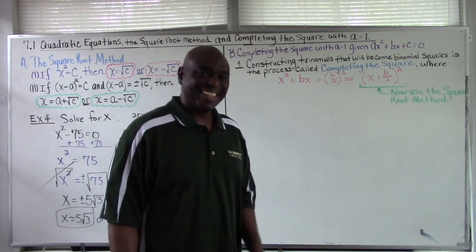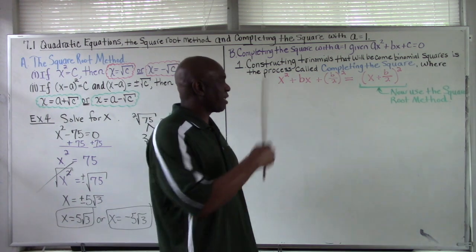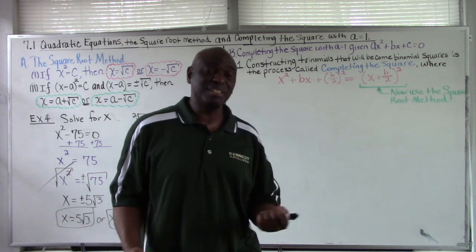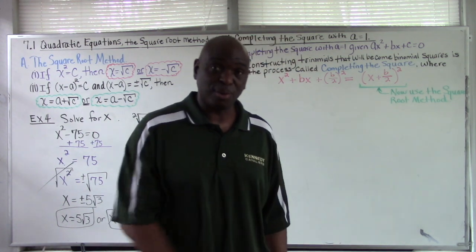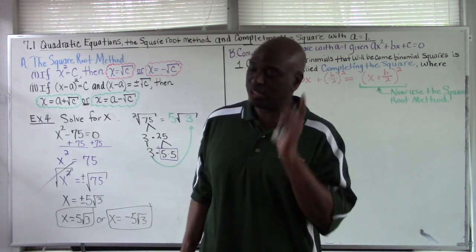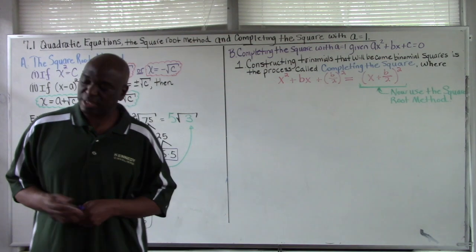Tell you what, let's do some examples and we'll make this plain and easier for you to understand as we go along. All right? I know you've written it down already. Let's just work on it so I can show you exactly what we're talking about. Example 1. Here we go.